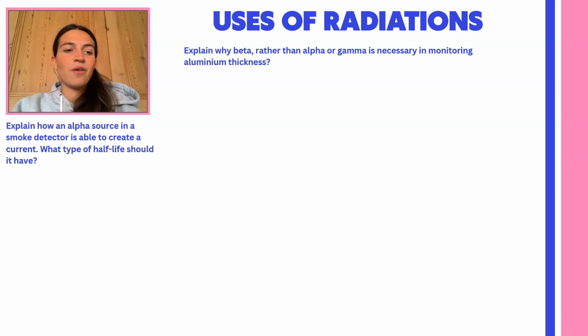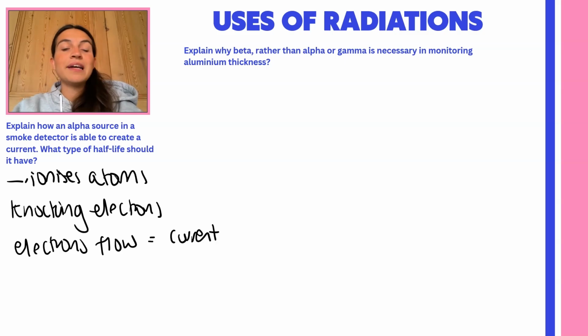Okay, explain how an alpha source in a smoke detector is able to create a current. What type of half-life should it have? It's able to create a current because the alpha particles can ionize atoms within your smoke alarm. In other words, they knock electrons off of those atoms. And those electrons that get knocked off can flow through your alarm.